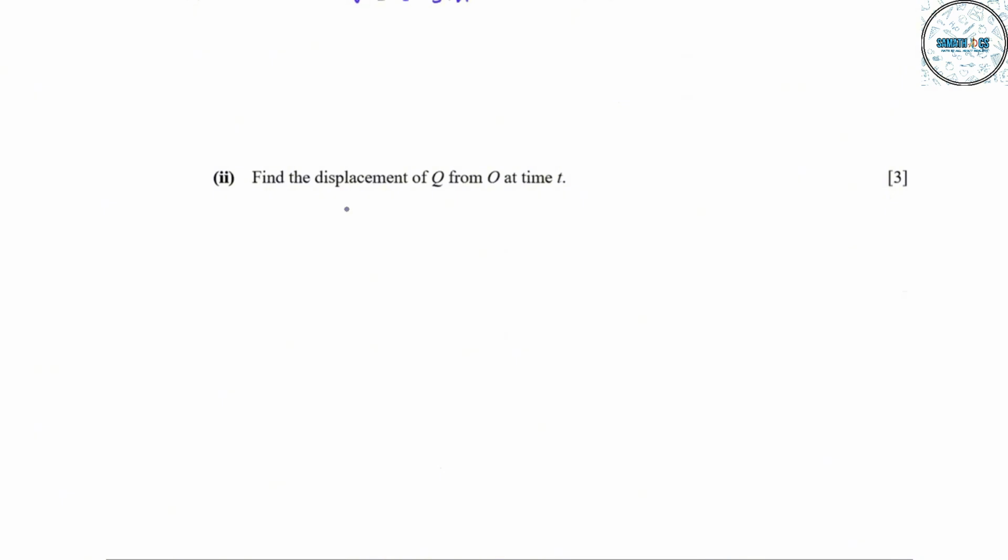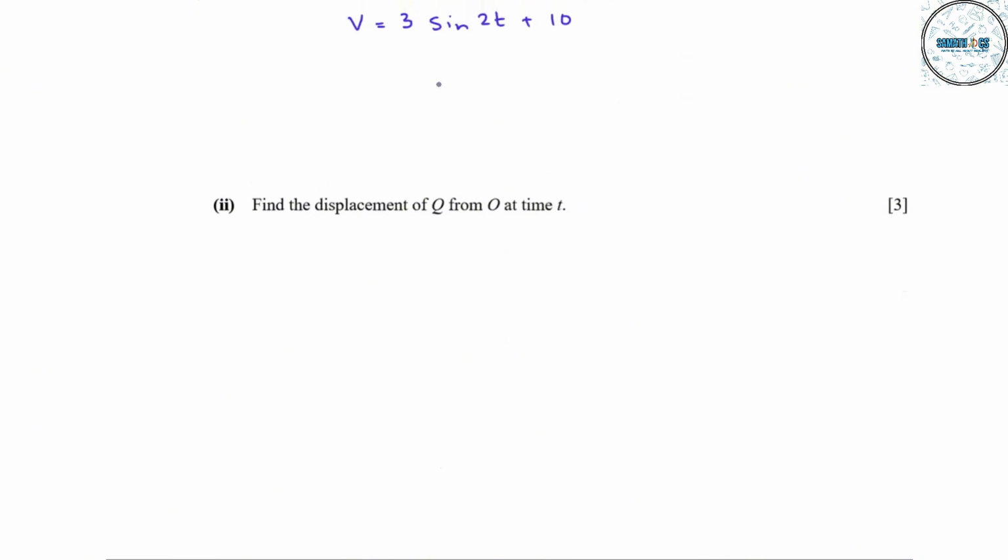Find the displacement of Q from O at time t. When we integrate velocity, we get displacement. Displacement is equal to integral of velocity with respect to time.